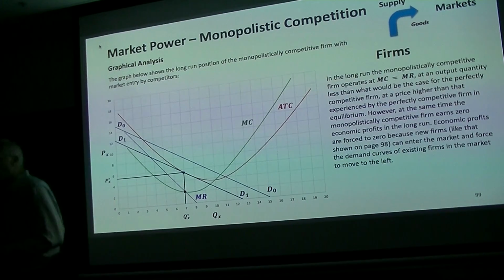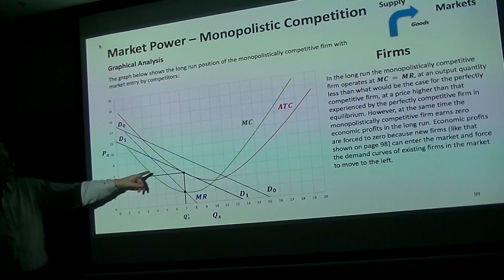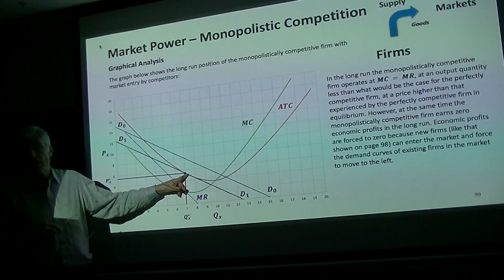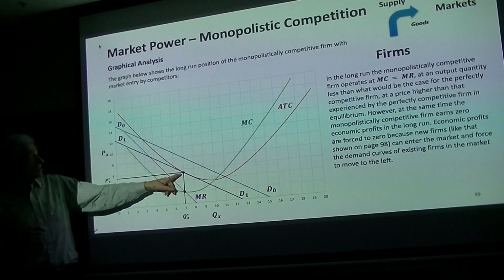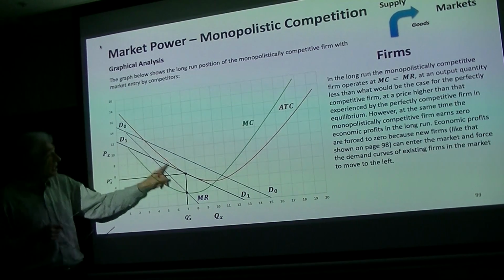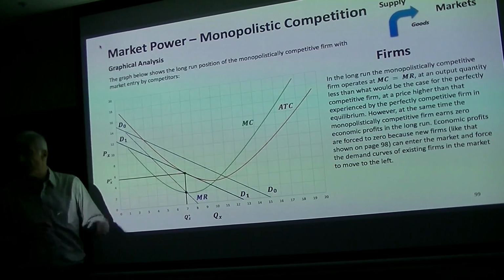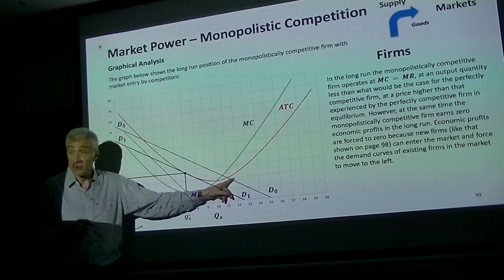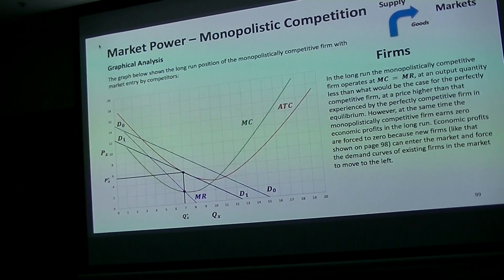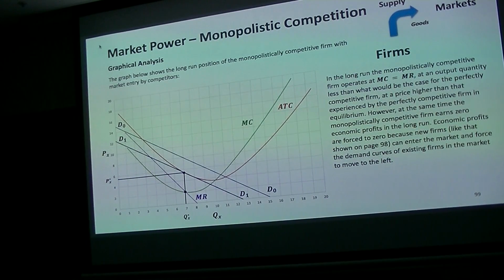Just looking at the graph, you can get a sense of whether monopolistic competition is present or not, because this point being here on the demand curve tells us that's the case. Whereas if it's perfect competition, it'll be somewhere over there, and the firm would have a higher output.